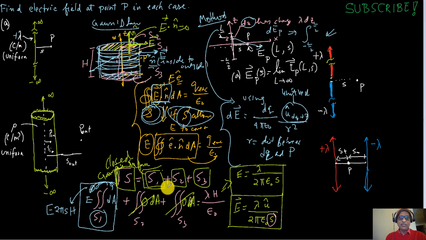In this one, the electric field and normal are pointed in the same direction, and the electric field has the same magnitude at all points of the surface. So it nicely becomes this way. On this and this, the electric field is normal to these parts of the surface, and so they give you 0 contribution.